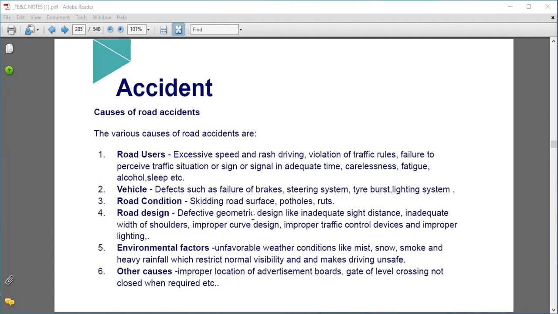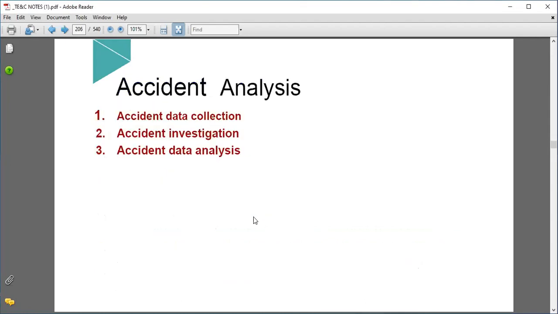Next point we will see is how this accident will occur. After that, we will move towards the next point, that is how to do the accident analysis. In this accident analysis, we should know the accident data.